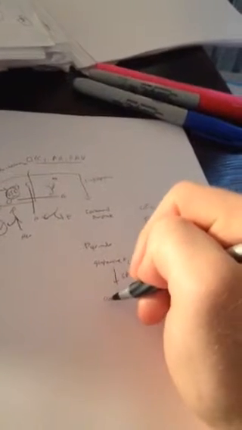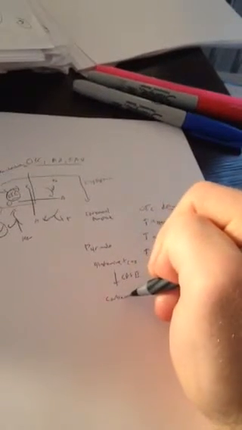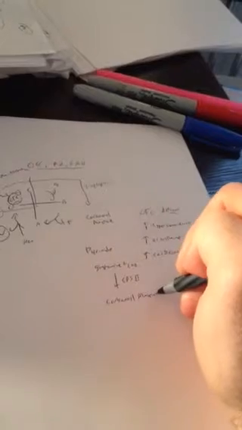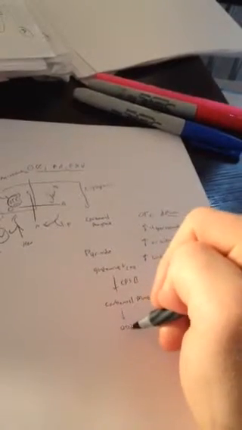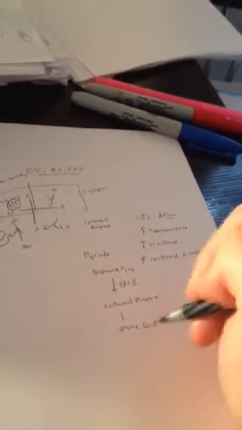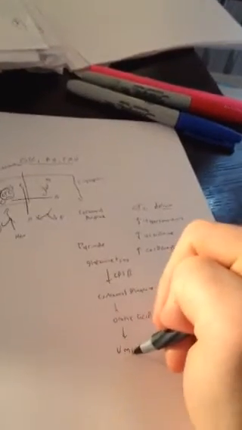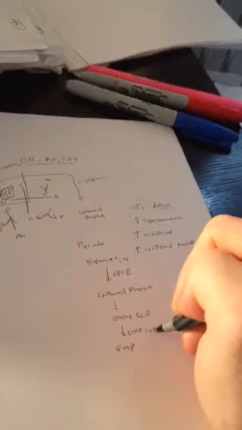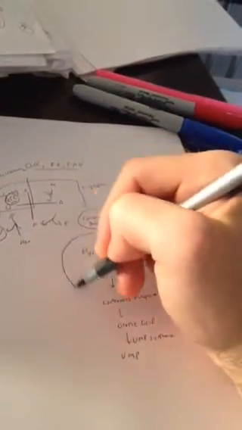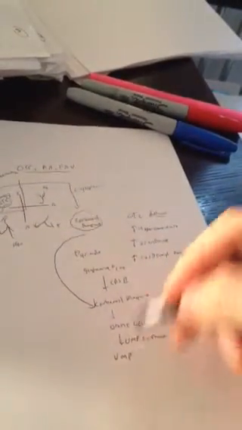This goes to carbamyl phosphate, which goes to orotic acid. That goes to uridine monophosphate. This is UMP synthase, and so you can see that this carbamyl phosphate is going to go here, and that's fine. That'll just continue along, and then we'll get pyrimidines.